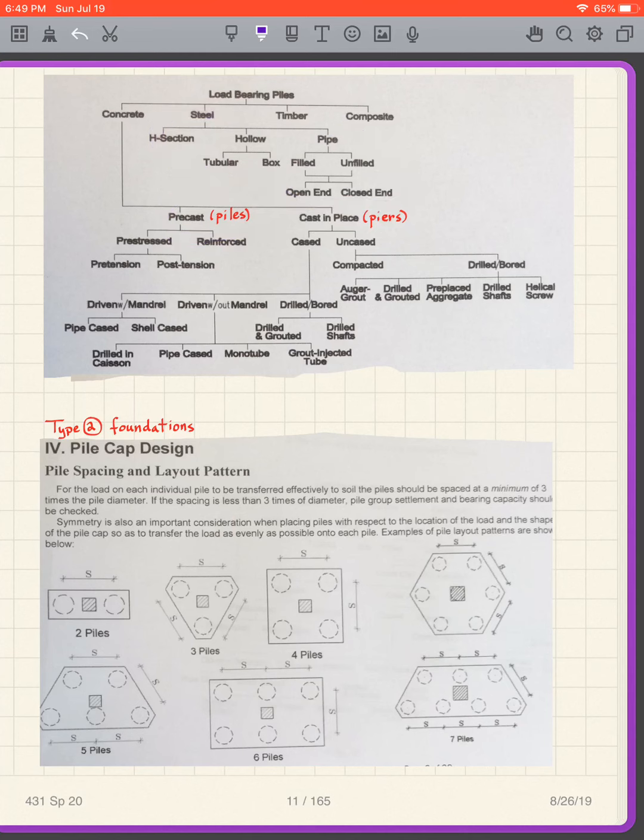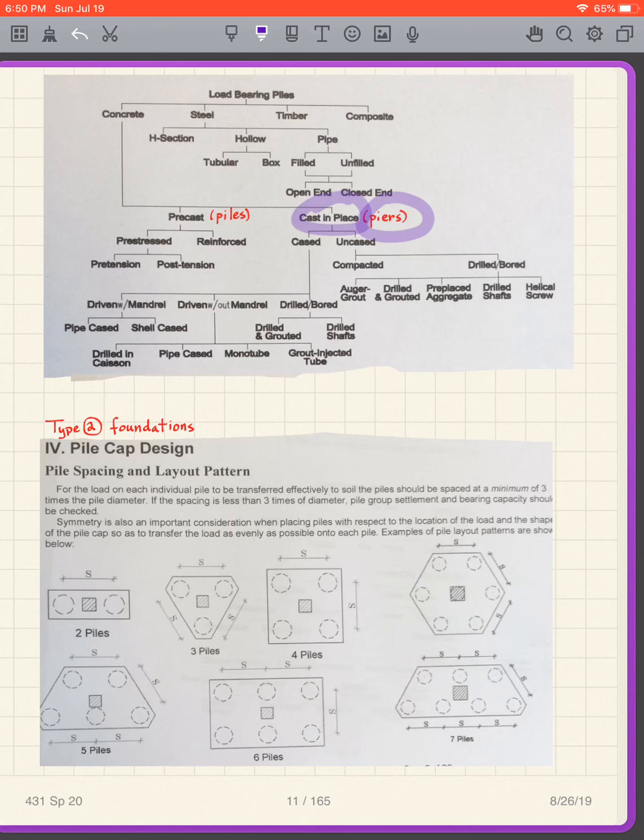So what we're going to call piers are the ones that are cast in place. What do I mean by cast in place? We can drill a hole, for instance, drop in a rebar cage, fill it with concrete, and then we have what's called a cast in place foundation. And to keep it simple, we'll call that piers.